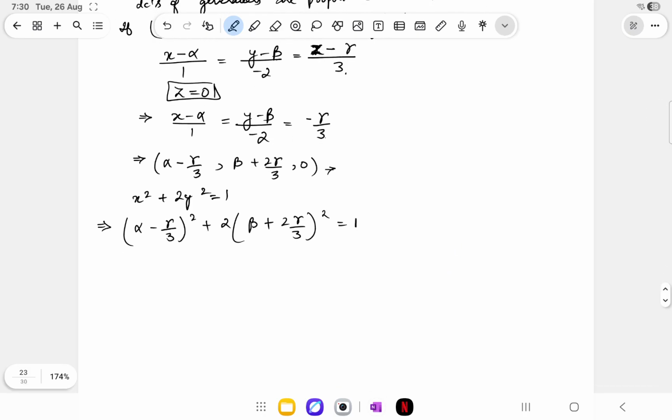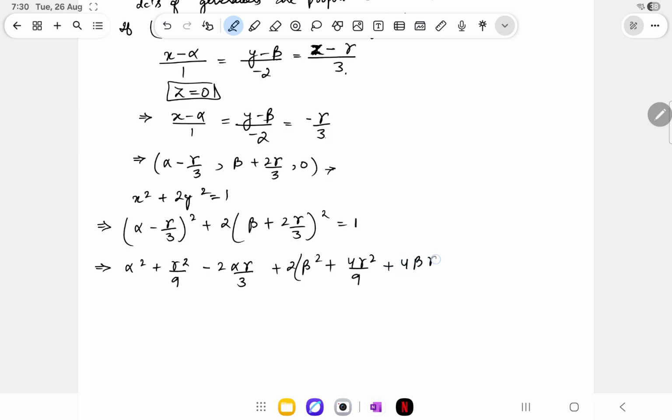And alpha, beta, I can simplify it further. Alpha square plus gamma square by 9 minus 2 alpha gamma by 3 plus 2 beta square plus 4 gamma square by 9 plus 4 beta gamma by 3 is equal to 1.